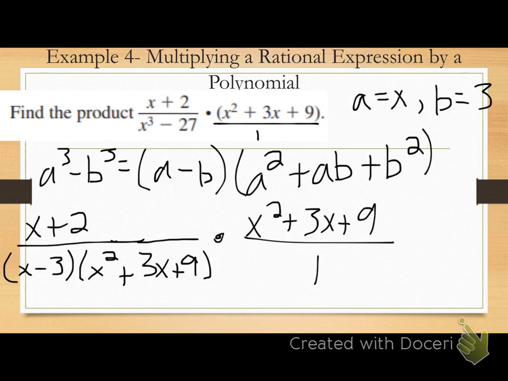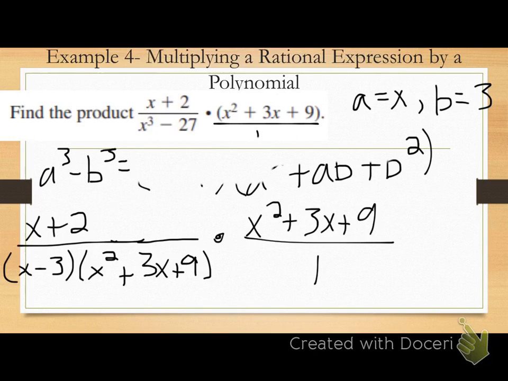Okay, now I can multiply straight across. Is everyone okay if I erase my formula up here? We're good? Coach, why'd you take the second part of it on the right, but not the first part?